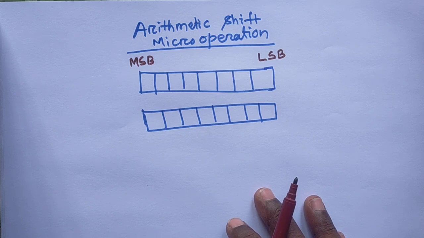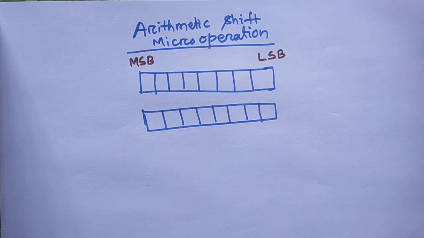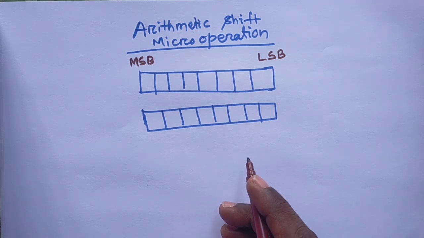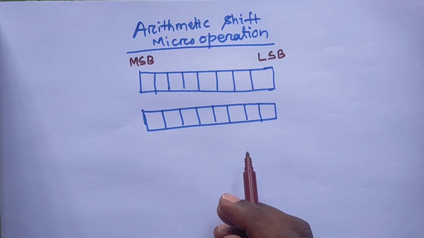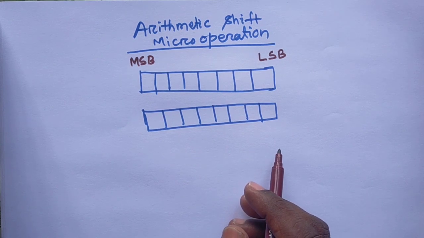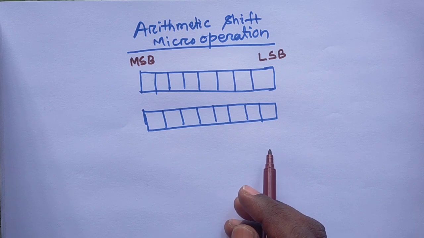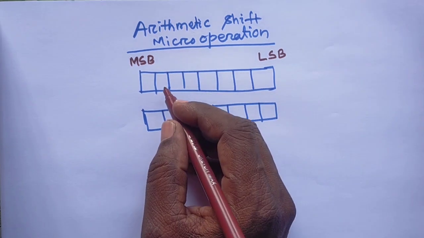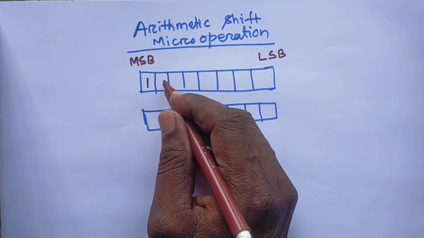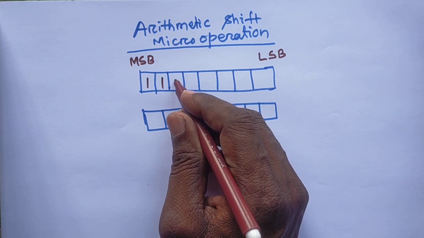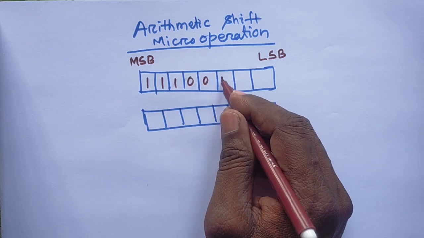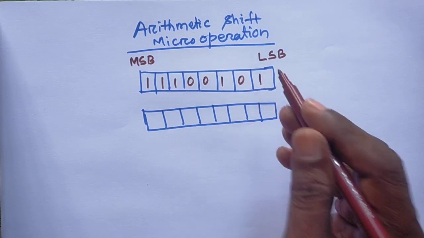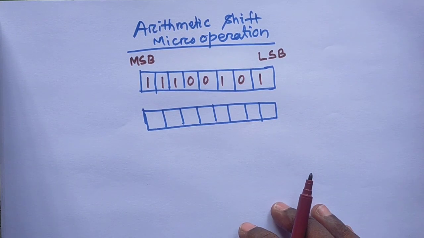Now, let us consider data like 1 1 1 0 0 1 0 1, for example.